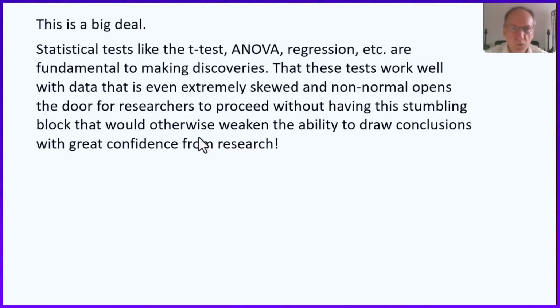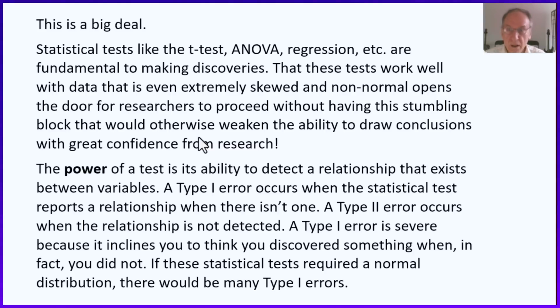And that these tests work well for data that is extremely skewed or non-normal in any way means the door is open. You can proceed to do the research without this stumbling block that otherwise would weaken your ability to draw conclusions with greater confidence. So it's fantastic and lucky for us researchers that it's actually not a problem.